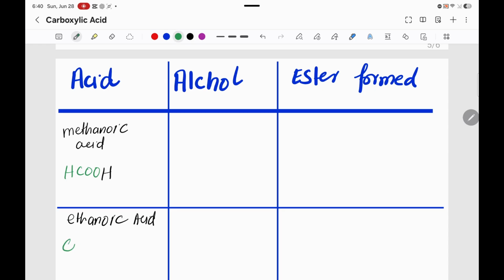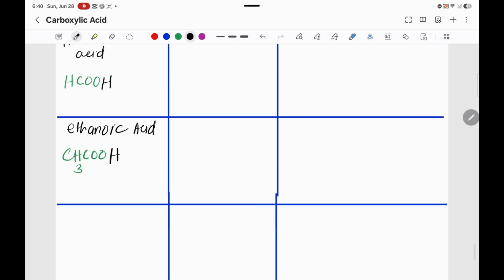It will be written as CH3COOH. I'm writing the H that is being ionized with the black color. Then it is again ethanoic acid.